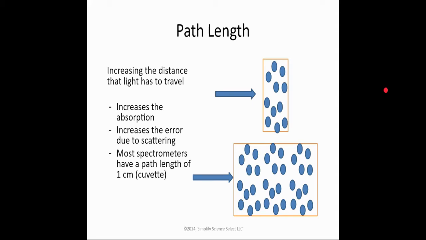So as you increase the path length, the absorbance also goes up. So again, we typically use what's called a cuvette, which is a little plastic rectangular prism that we can put our solution in that are 1 centimeter by 1 centimeter in size. The path length is going to be 1 centimeter.